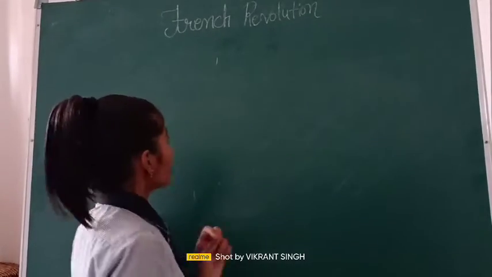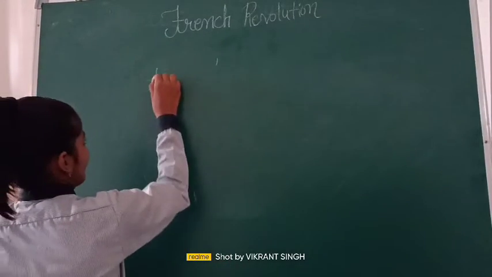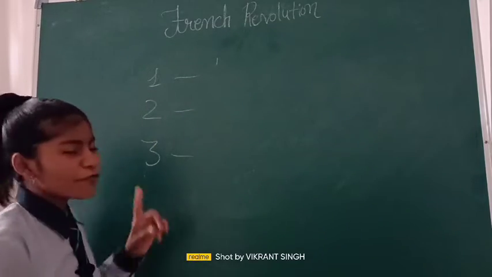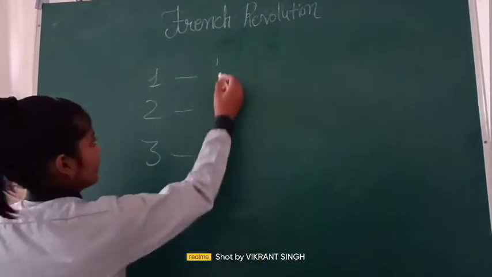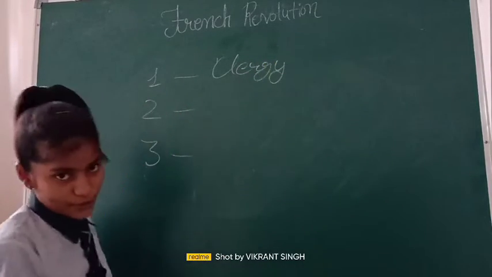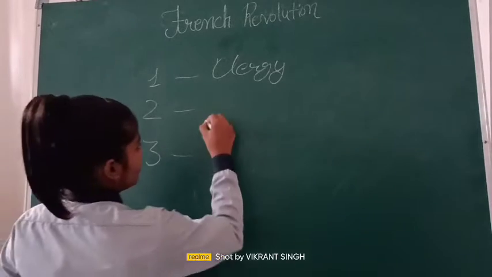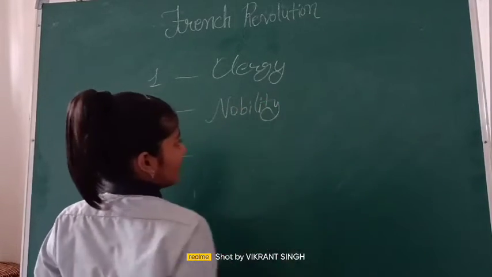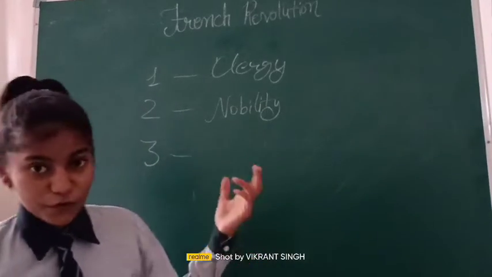Now let's discuss the structure. French society is made up of three states: first, second, and third. The first state contains the clergy, church people. Second is the nobility, the nobles and relatives of kings.